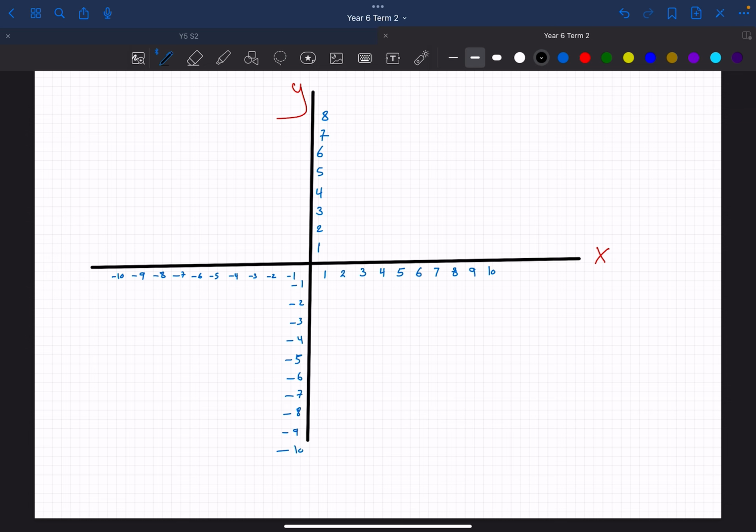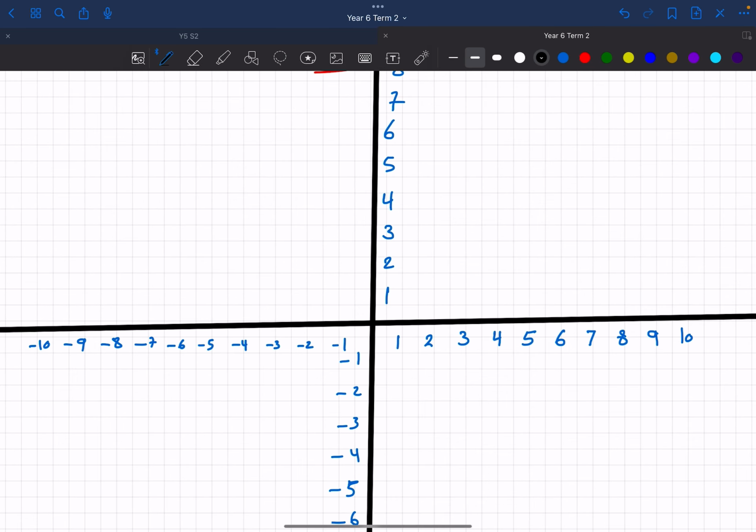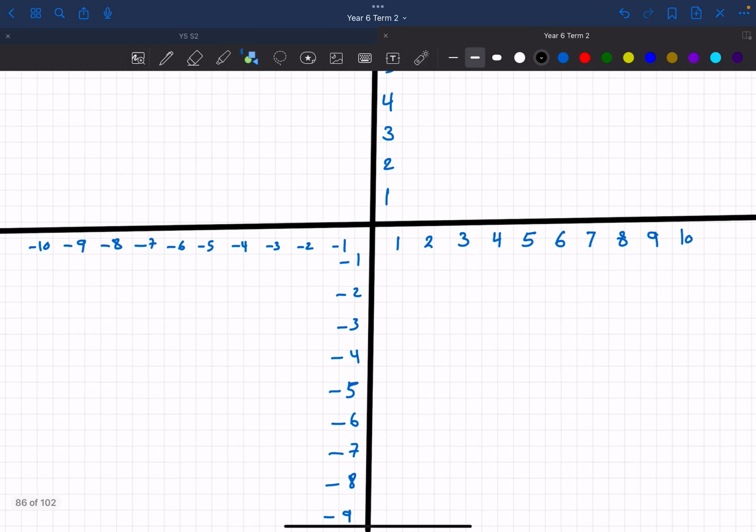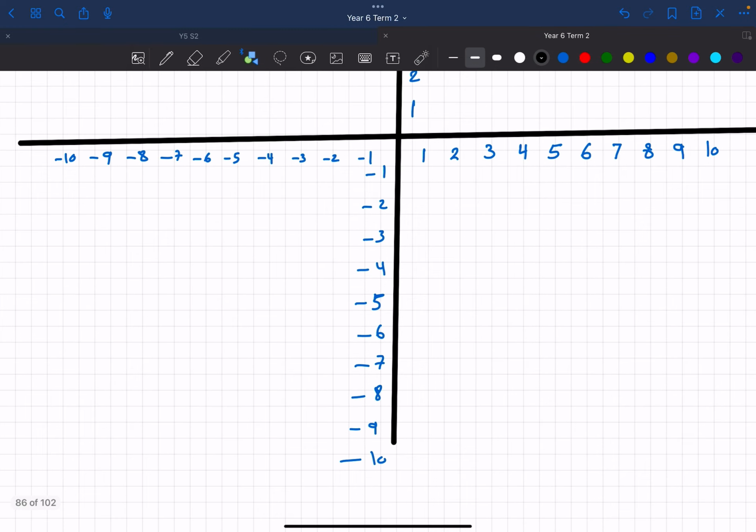Here, imagine we have a square. A square drawn here. Let's say you have a triangle. Sorry, rectangle. Well, you know what? Let's do something even easier.